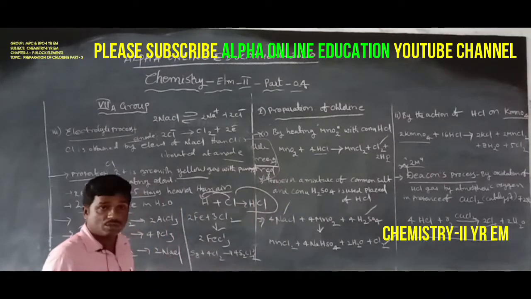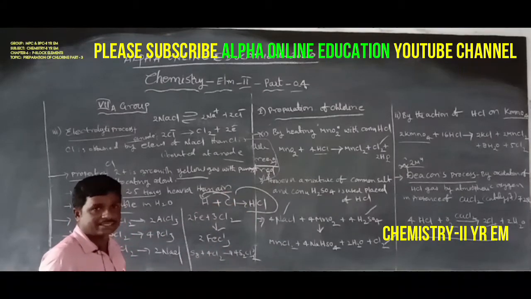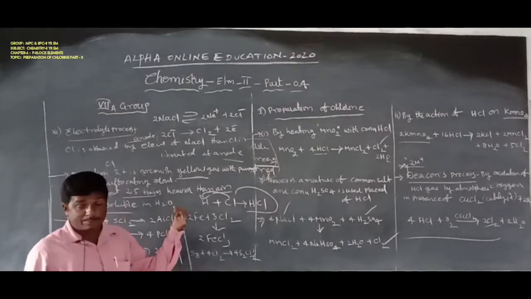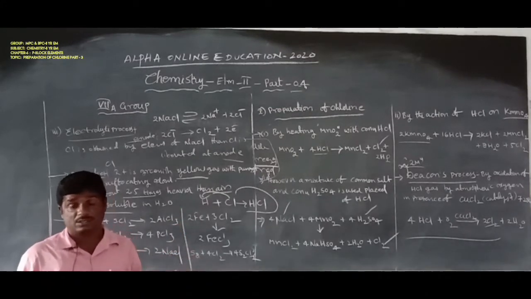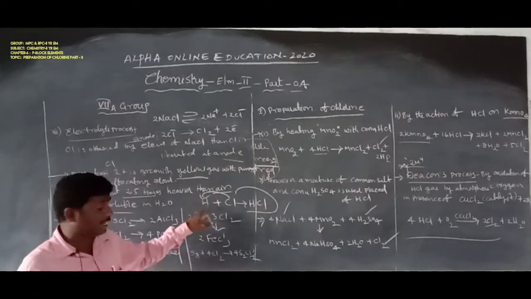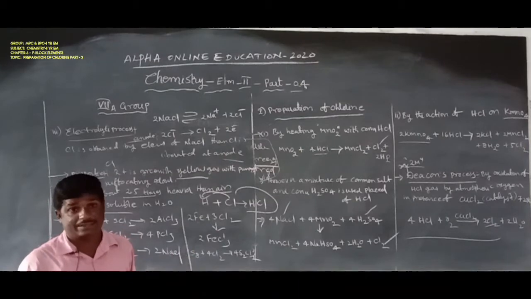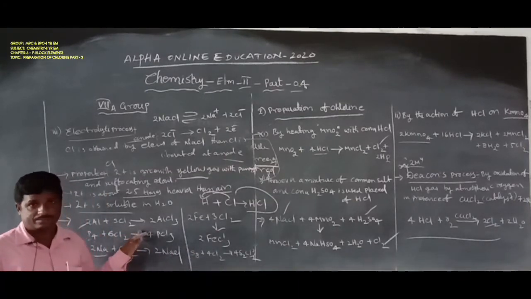Next, it bleaches carbohydrates. Chlorine bleaches carbohydrates, for example sucrose and maltose, which are disaccharides and trisaccharides. That is the properties of chlorine.